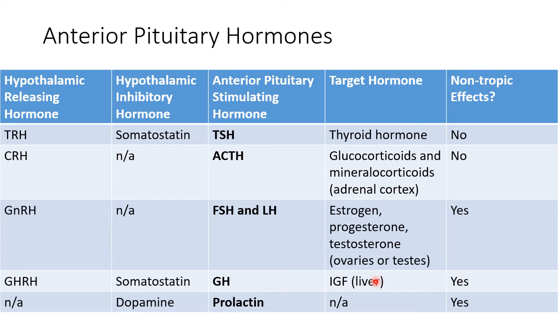IGF is insulin-like growth factor. And growth hormone also has non-tropic effects. So it causes the release of IGF and it also does other things. Prolactin actually does not cause the release of any hormone. So it does not have tropic effects at all. Instead, it has non-tropic effects.